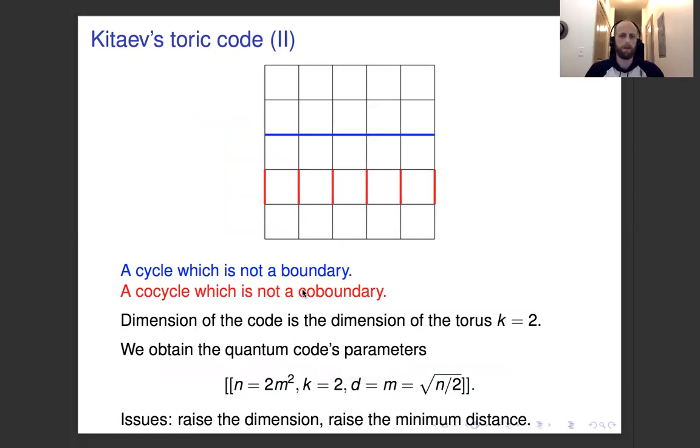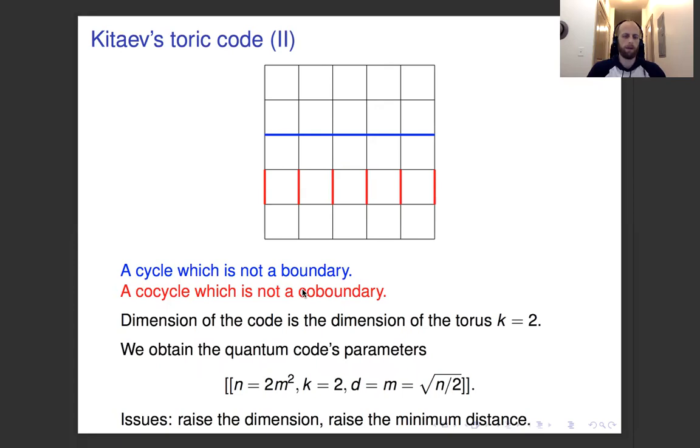Okay, and next, here is a non-trivial code word. So here is a cycle which is not a boundary, the blue line, and also a co-cycle which is not a co-boundary.